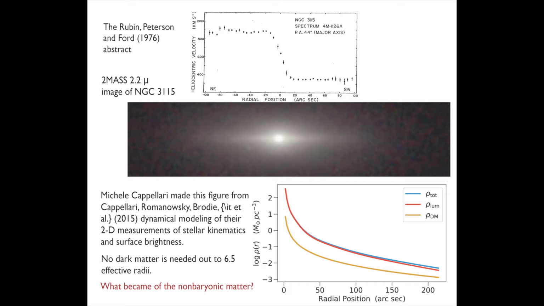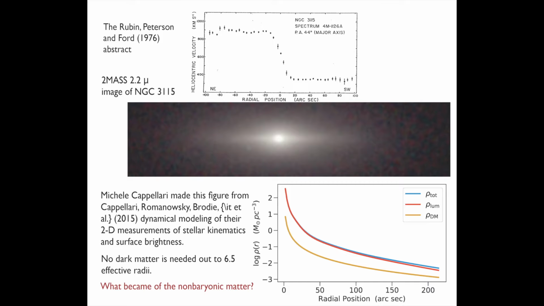They did dynamical analyses, and Michele, at my request, gave me this plot showing in blue the total mass as a function of radius going out from the center. Red, the mass for a reasonable stellar mass-to-light ratio, the mass in stars. This color, a trace of non-baryonic dark matter, you don't need that. It's an order of magnitude down.